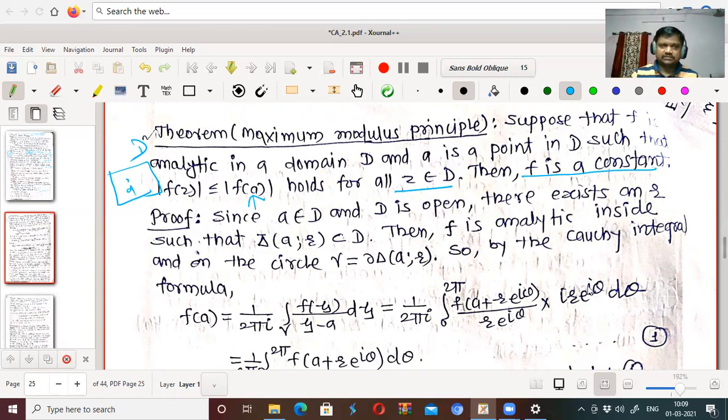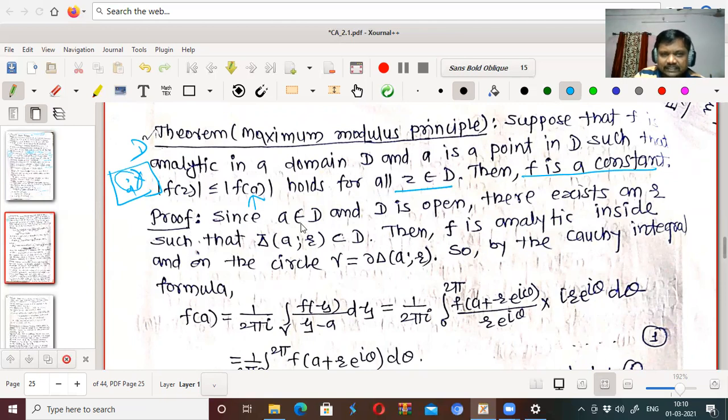We have not taken this only locally here, right? So if mod f of z is less than or equal to mod f of a for all z in D, then we say that f is constant. Then, and only then, f becomes constant. It means that if f is not constant, then this will not hold.